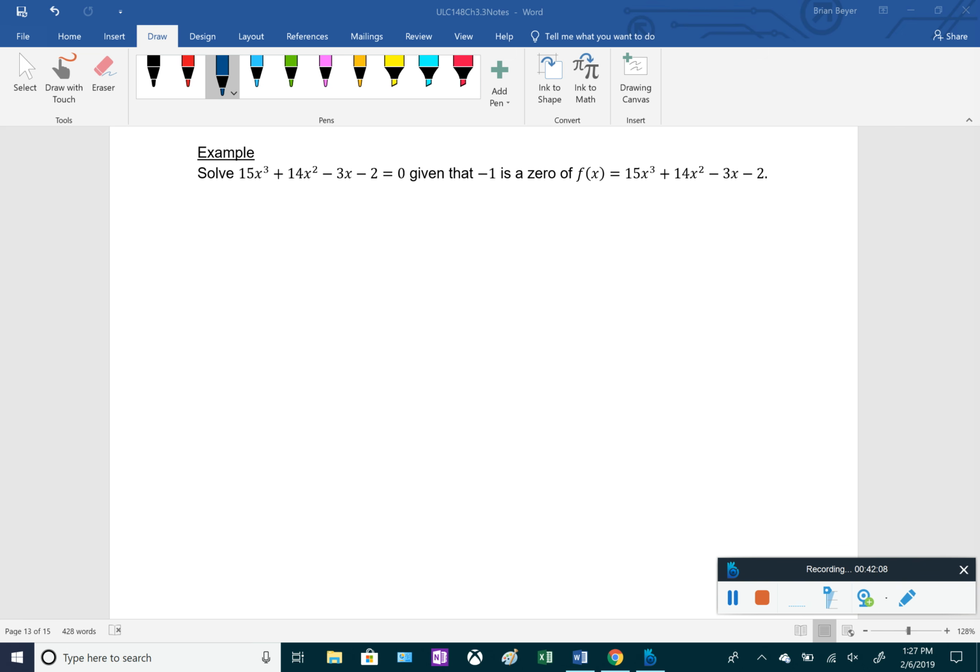We're told that negative 1 is a 0. So I'm going to write a little bit less than last time. Based on the factor theorem, f of negative 1 equals 0 means that x plus 1 is a factor of f of x.